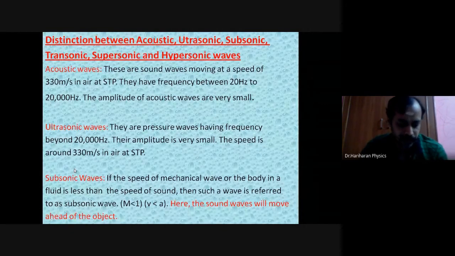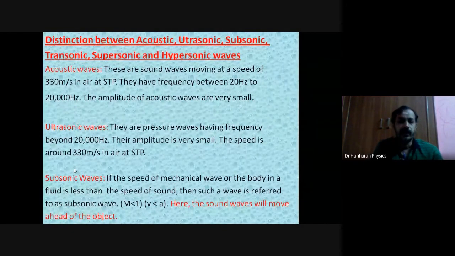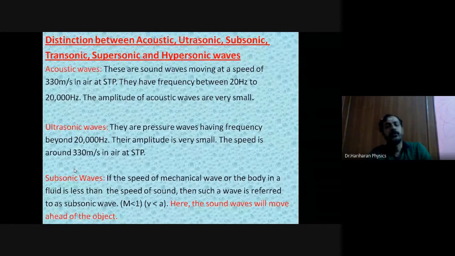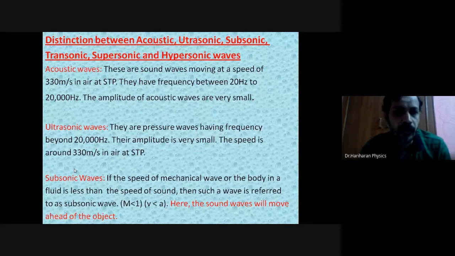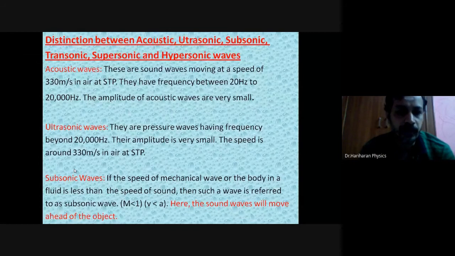Now what are acoustic waves? Look here. Acoustic waves are audible to the human ear. They are the sound waves produced by objects moving at a speed of 330 meters per second in air at standard temperature and pressure.